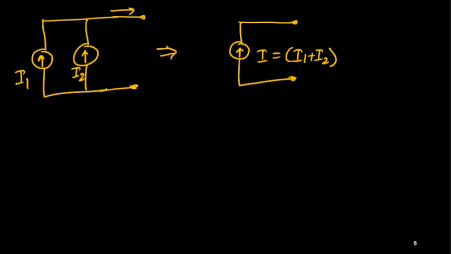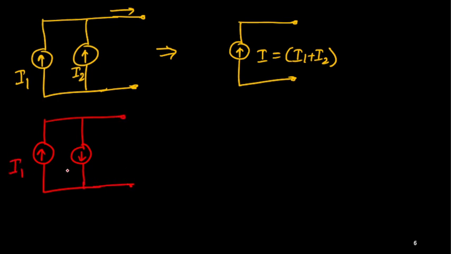But if one of them is connected in the opposite way, like this is one current source and this is another current source, connected in opposite directions. In that case, this is suppose I1, this is I2. So for its equivalent current source, I can consider upward. In that case, what will I do?